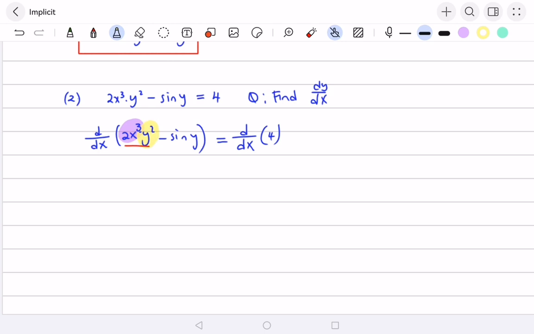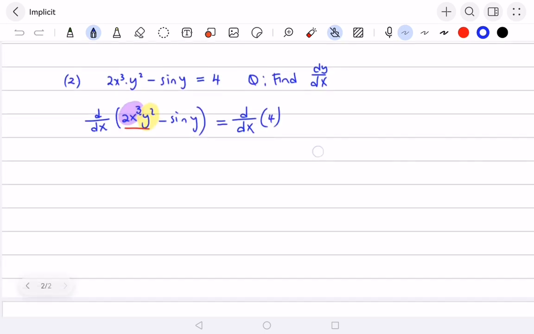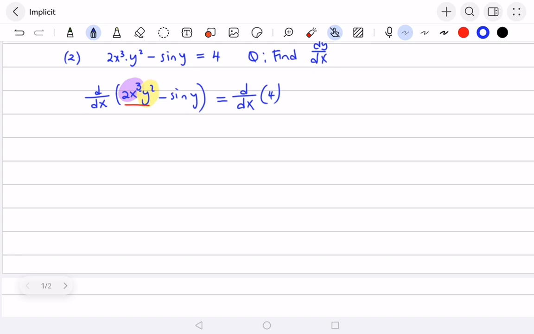With the product of two functions, we use the product rule, which tells us that we can differentiate the first function. Let's call it the purple function, function 1, which is purple. We differentiate it and we leave y squared as it is, meaning the second function as it is.